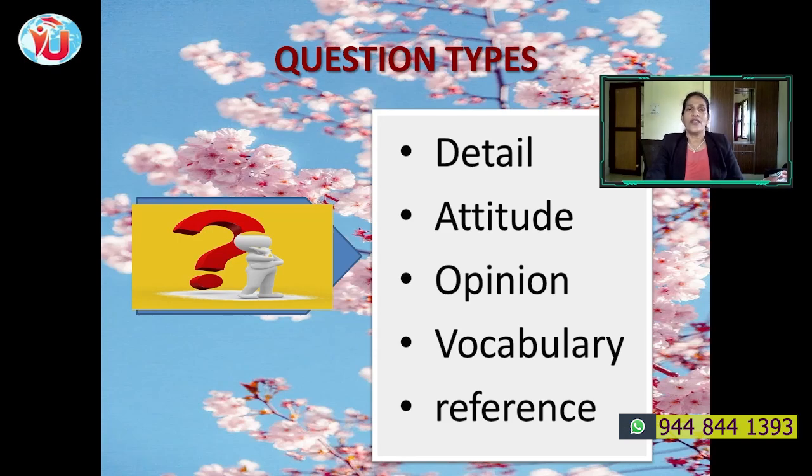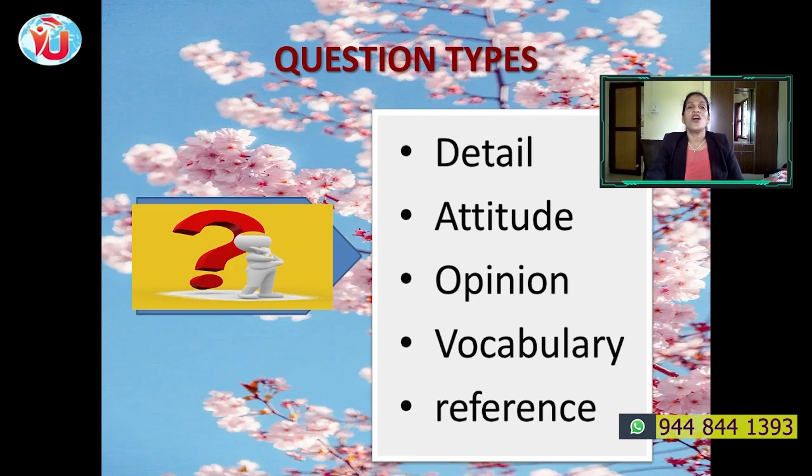The 5 question types are: one is detail, how well you are able to identify the content. Attitude of the author, because the sentences in the paragraph may talk about many people's attitudes, or the attitude of some institution, but you need to know what the attitude of the author is. So you need to focus on the attitude of the author here.